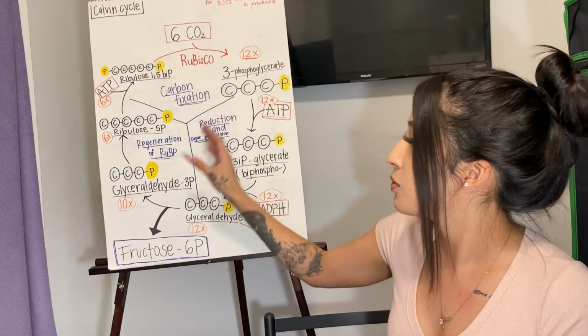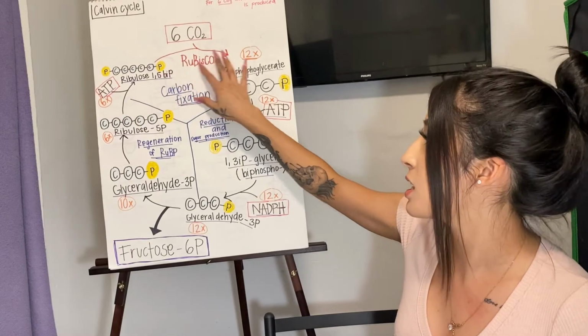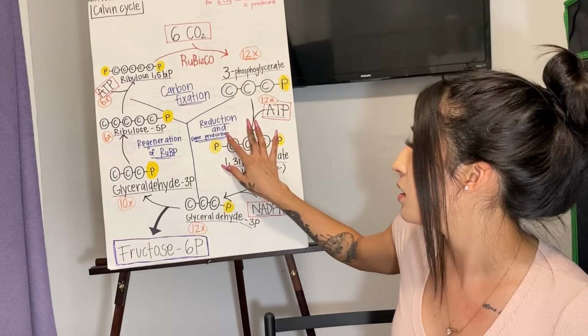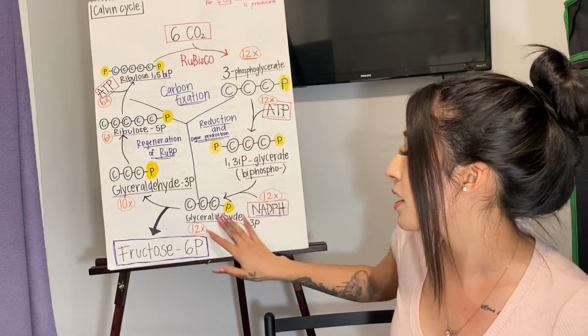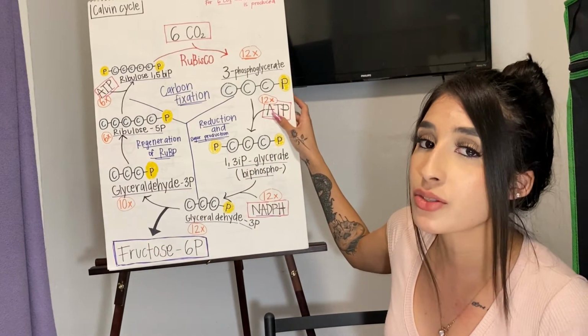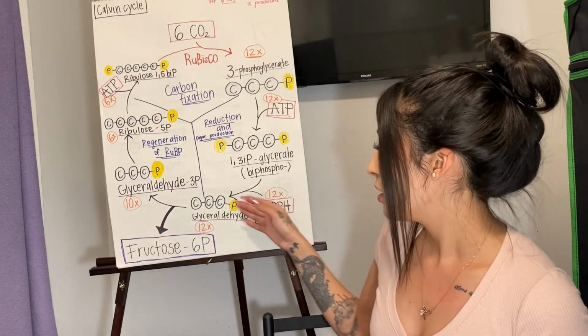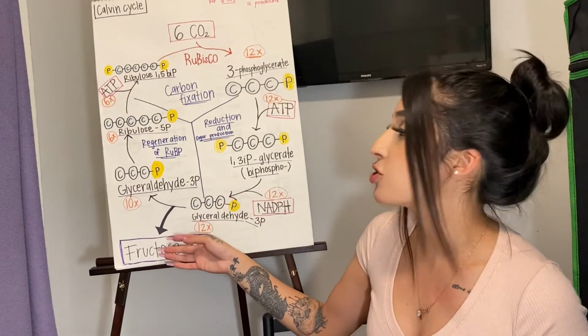So just to reiterate, we have fixated our carbon dioxide, we have reduced it and produced a sugar out of it by adding an energy source and adding a reducing power molecule. We get a sugar molecule.